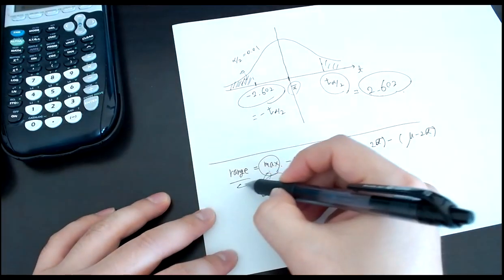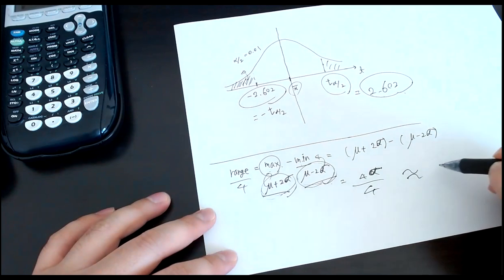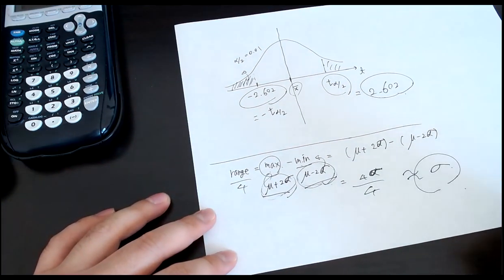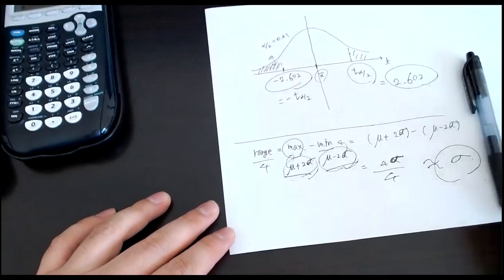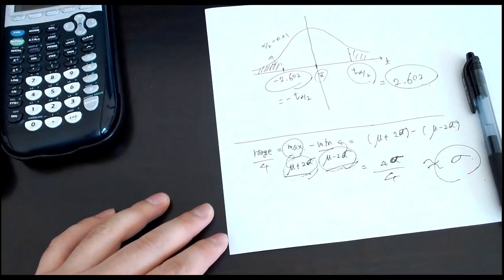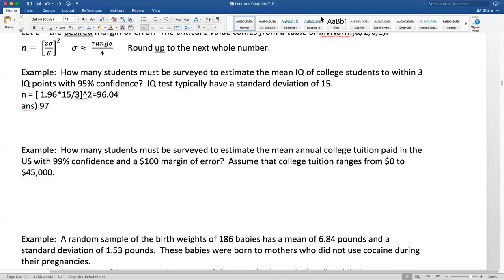So we divide the range by 4 and get approximately sigma. That's why. Now back to the handout.